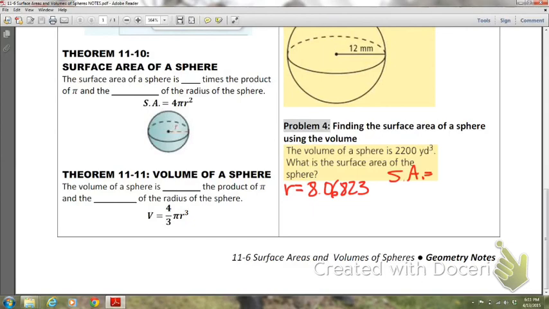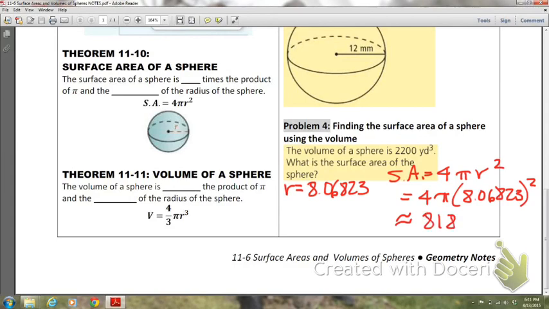Surface area is equal to 4 times pi times the radius squared. So that's 4 times pi. And put in that value for the radius, 8.06823 squared. Plug that in your calculator, and you're going to get approximately equal to 818 yards squared, because this is surface area.